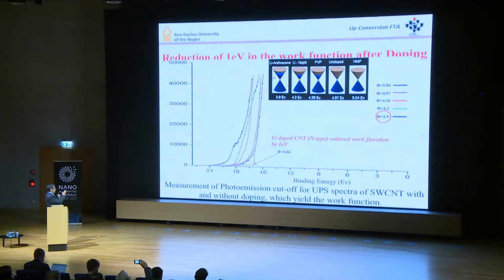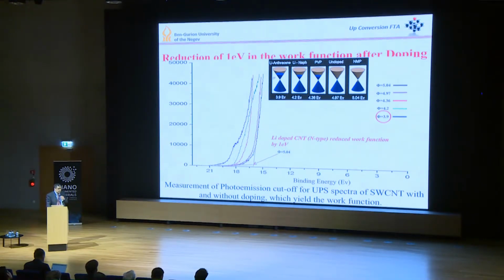As for the work function, you can see here several examples of reducing the work function with several elements, and you can see here the shift of the graph that basically shows how we reduce the work function from 5 electron volt down to about 3.9 electron volt. You can ignore the Venn diagram over there. They are referring to graphene, which is not relevant to carbon nanotube in this case.